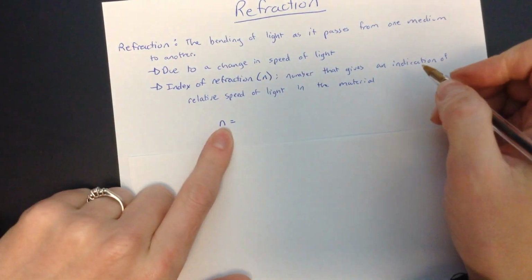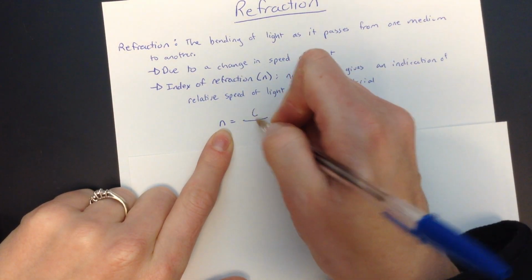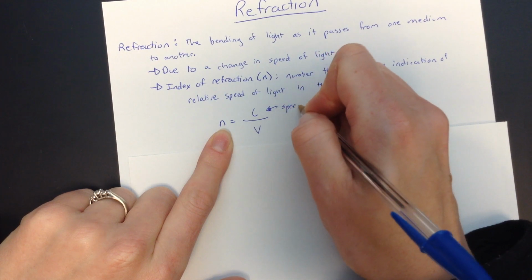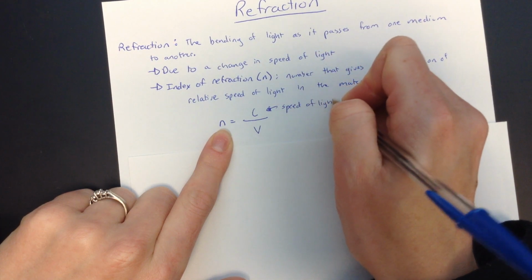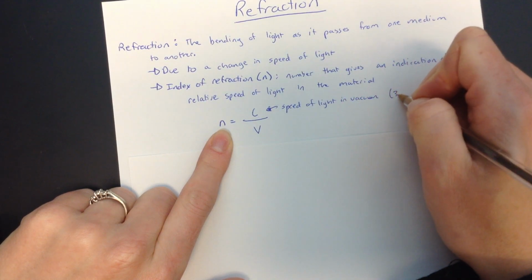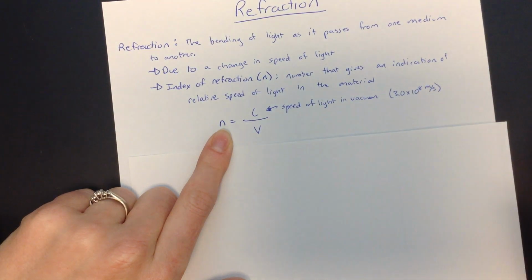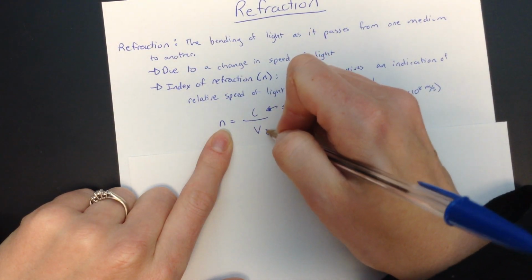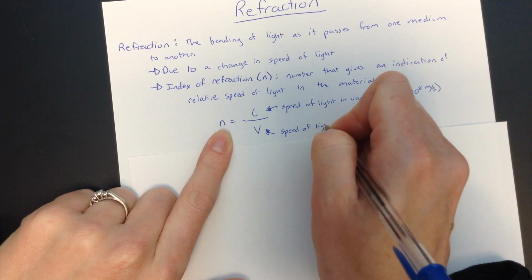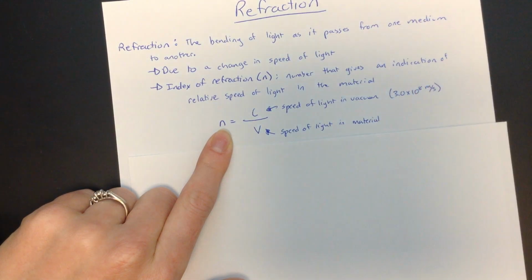So to find the index of refraction, which is just a lowercase n, we take the speed of light in a vacuum. That's what c is. And if you're not sure, that's 3.0 times 10 to the 8th meters per second. And we divide that by the speed of light in the material, whatever material we're talking about.